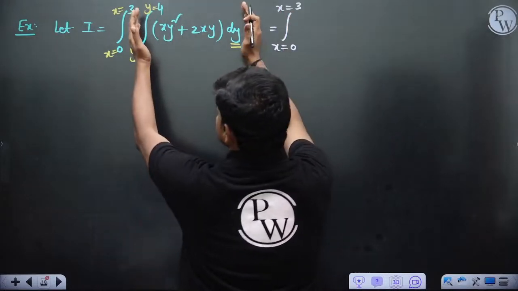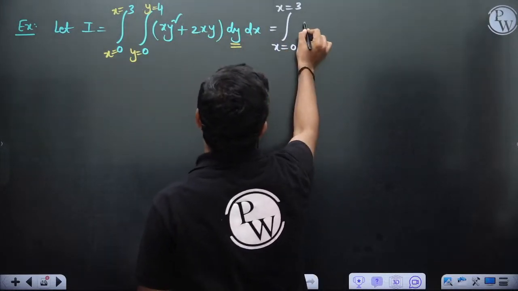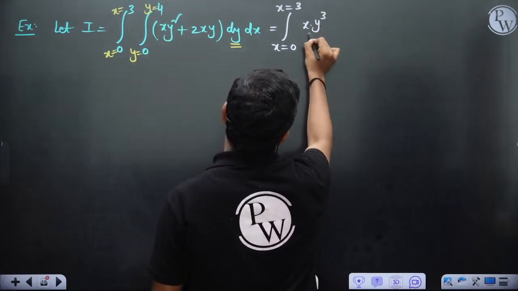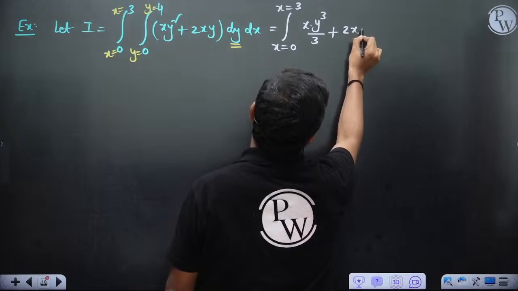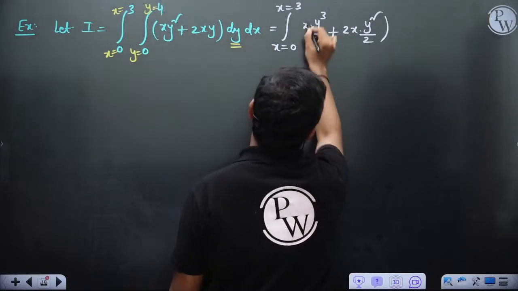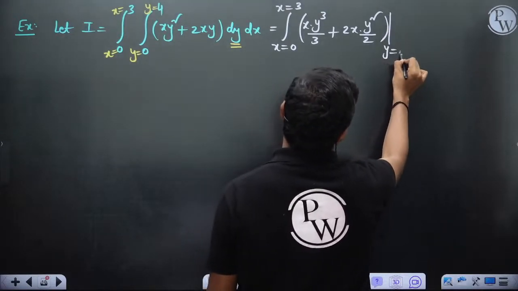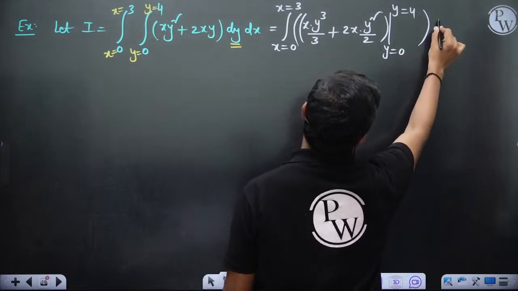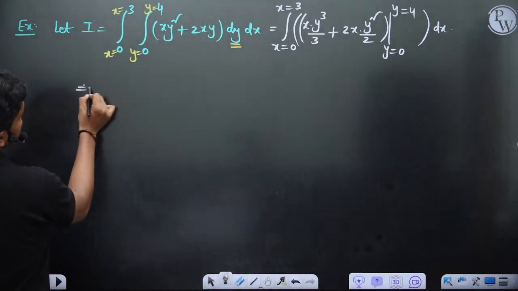Now when you integrate this part by treating x as constant: in the first term, x is constant, the integration of y square is y cube by 3, plus 2x is constant, and the integration of y with respect to y is y square by 2. This is within the values y is equal to 0 to y is equal to 4, and then dx. Now if you substitute the limits, let's see what you get.